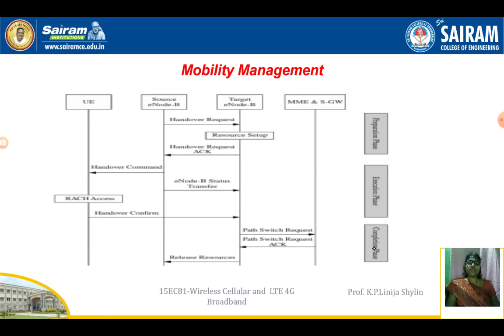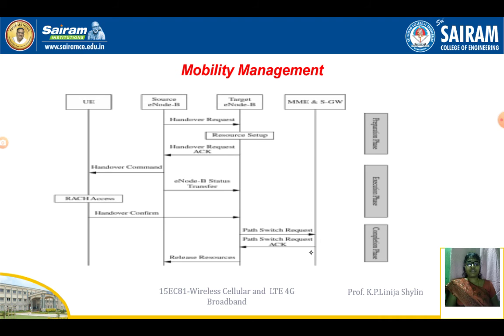Then in the completion mode, the handover confirmation signal is given to the target eNodeB. Then the path switch. Path switch is the new thing we are introducing in the X2 interface here, using the mobility management entity and the gateway.